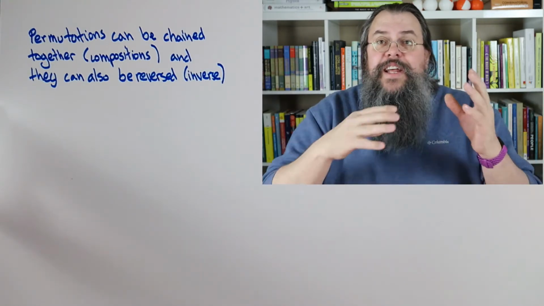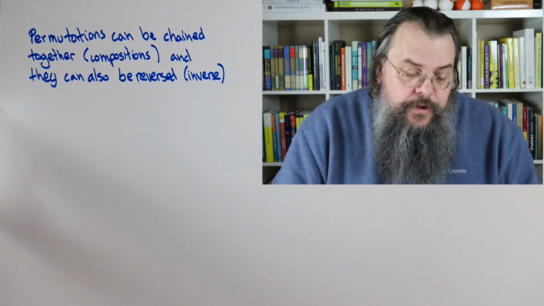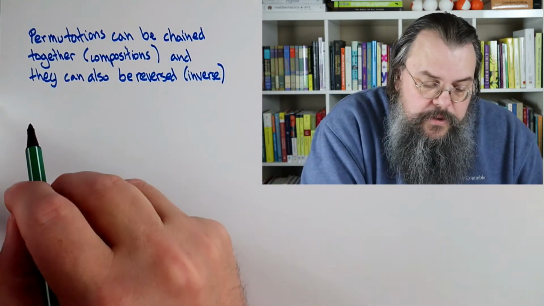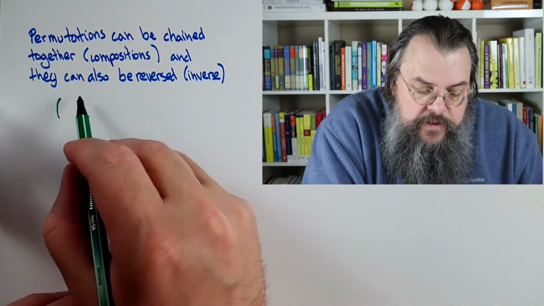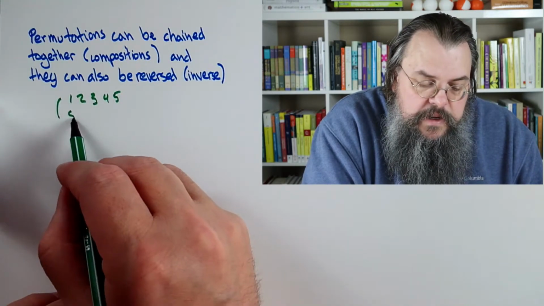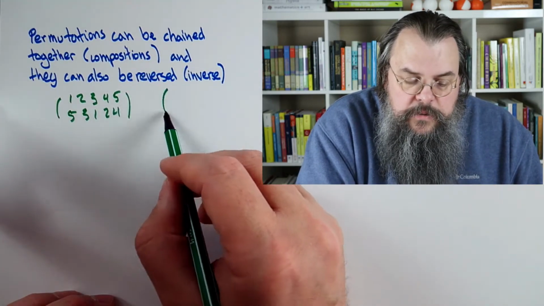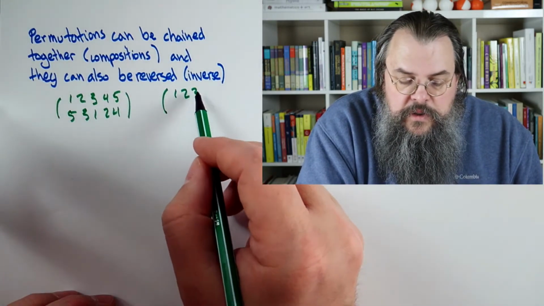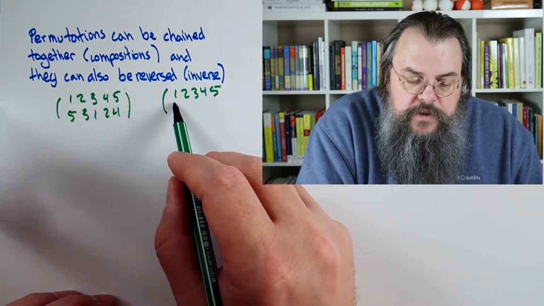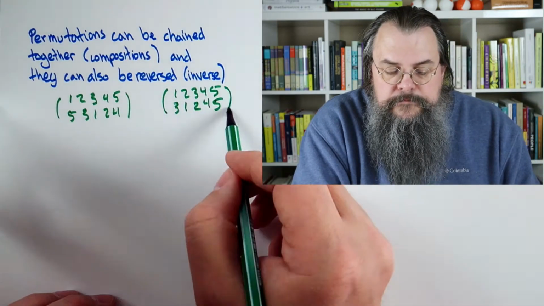So let's do some practice in actually carrying out these kinds of computations. Let's write down some permutations. We'll just make some numbers up here. 1, 2, 3, 4, 5, and 5, 3, 1, 2, 4. And we'll do another one. 1, 2, 3, 4, 5, and then 3, 1, 2, 4, 5.